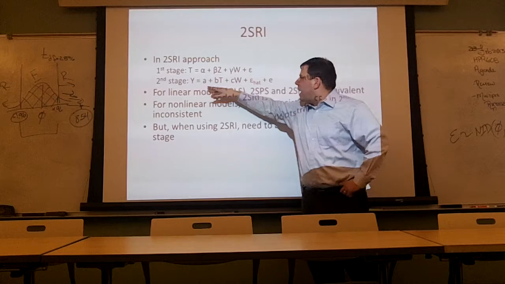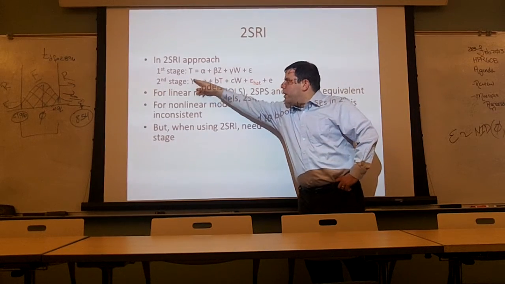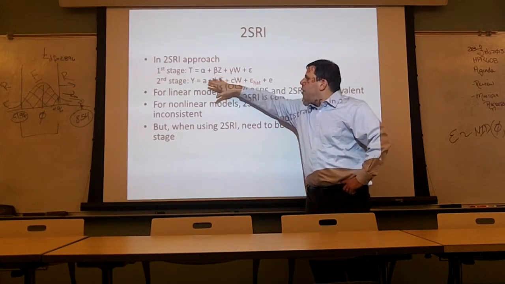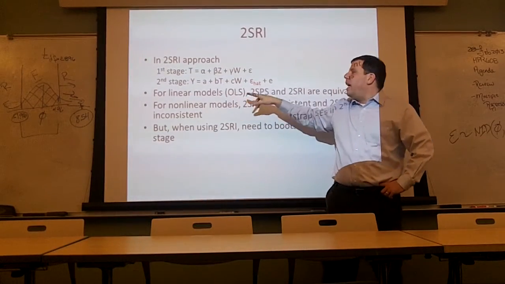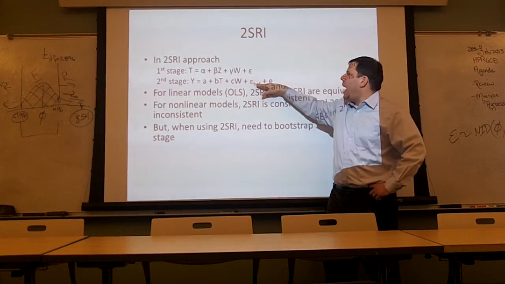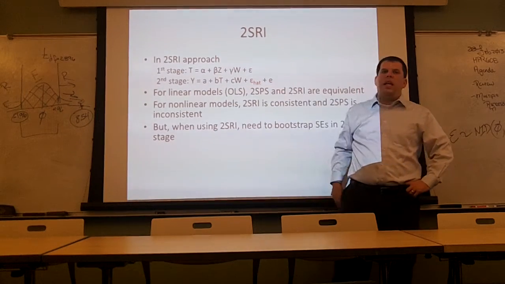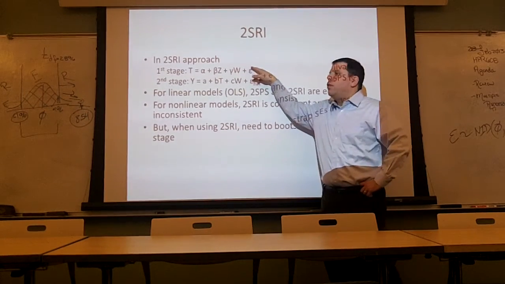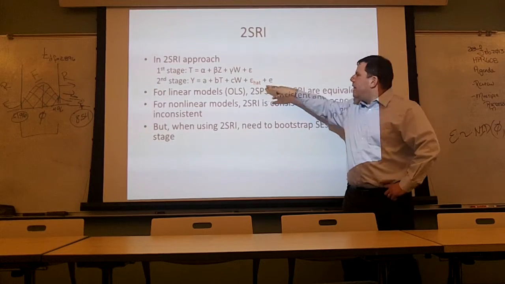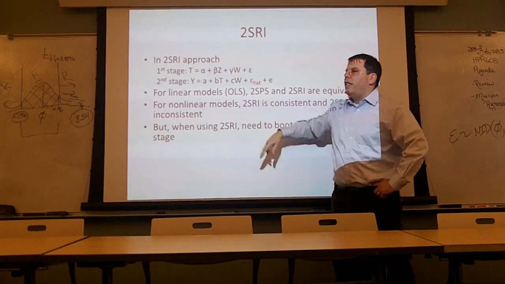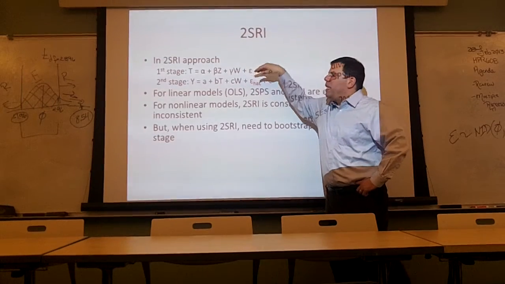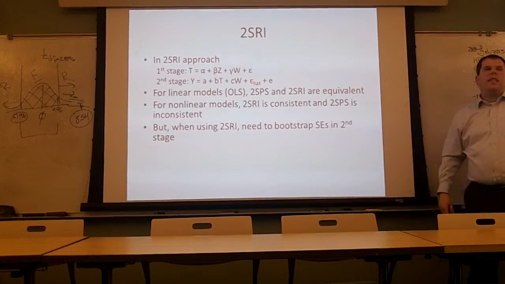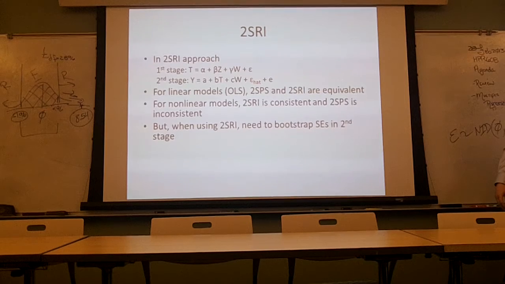In the second stage, your outcome is your outcome, but instead of replacing t with t hat, you leave t in the model and you add epsilon hat from the first stage. That is the prediction of the residual from the first stage. That's why it's two-stage residual inclusion: it's the residual from the first stage that we're including in the second stage model specification.